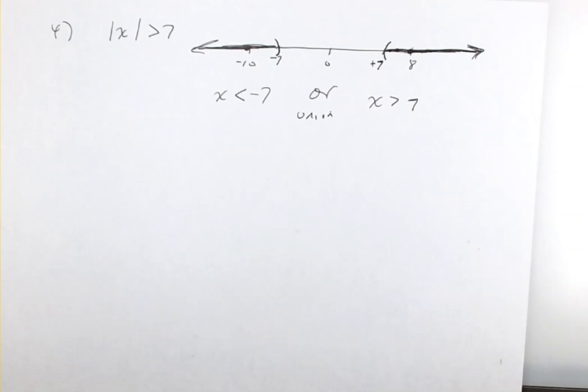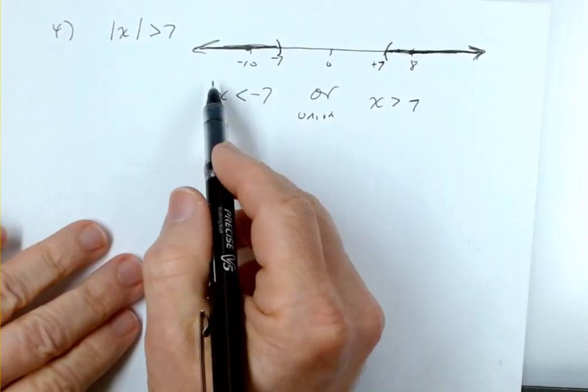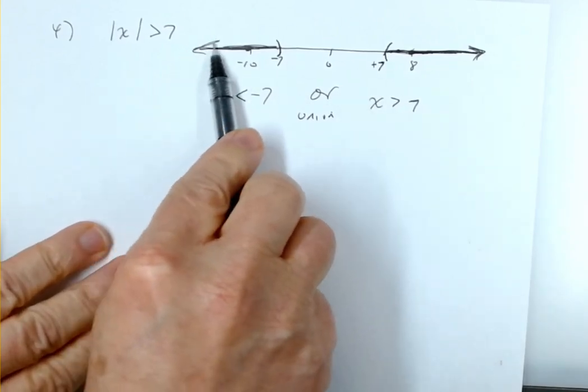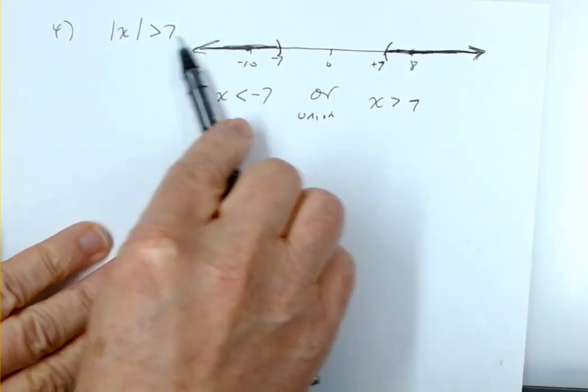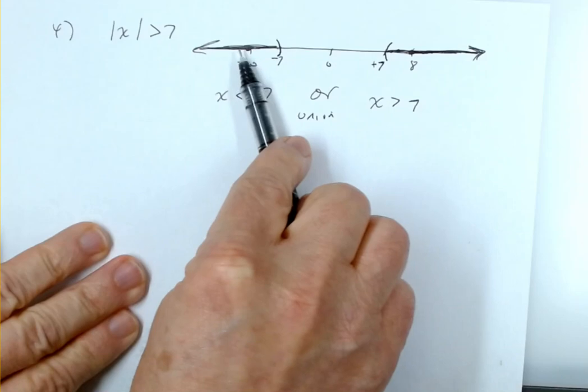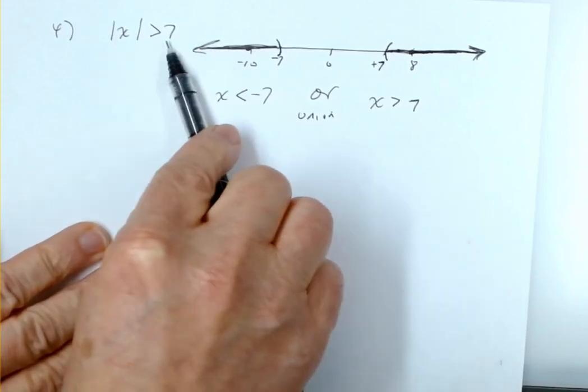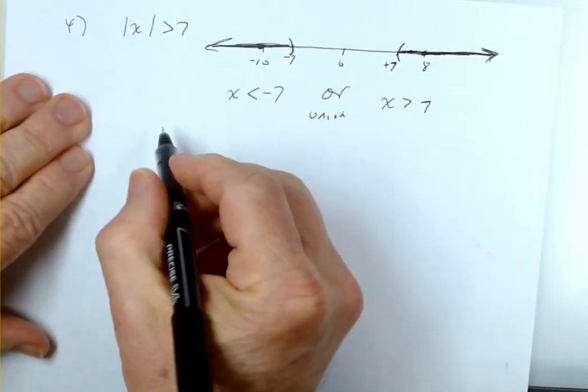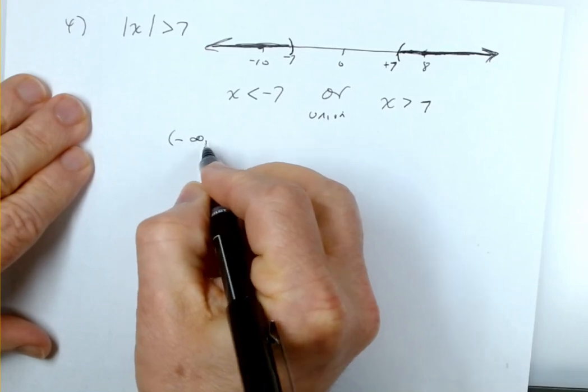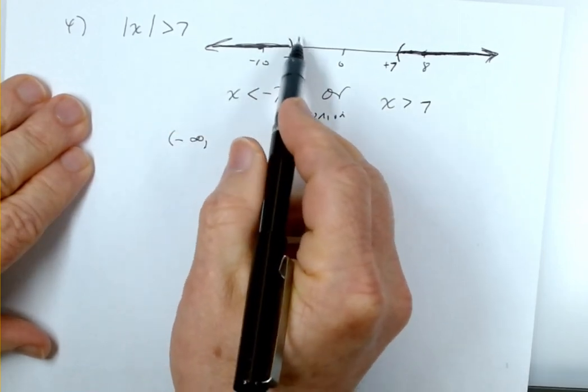Now, how do you write this in interval notation? And on MyLab, you're going to need to write it like this. You're going to need this symbol in MyLab. All right. So from left to right, remember the arrow's pointing towards what number idea? Negative infinity. So you're going to go from negative infinity, comma, all the way to what number?